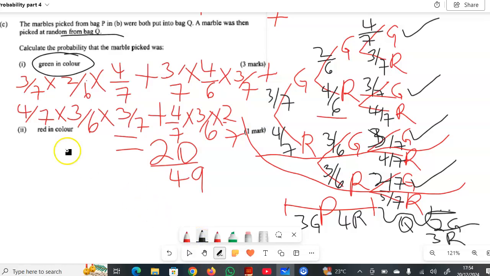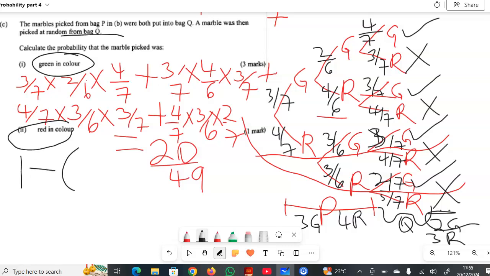Getting a red in color from Q. In this case, these are the reds. So, in simpler terms, you don't have to do a lot of calculation, because this can give us 1 minus probability of green, which we already have, because we are not interested in probability of green.